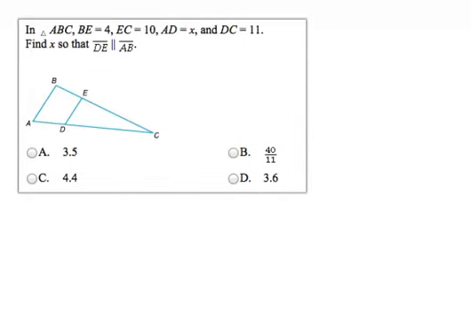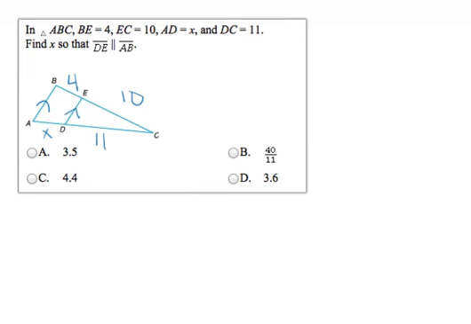Alright, I believe this is our last one. In triangle ABC, BE is 4, start labeling stuff. EC is 10, AD is x, and DC is 11. Find x so that DE is parallel to AB. Well, that breaks us into corresponding segments that are proportionate.